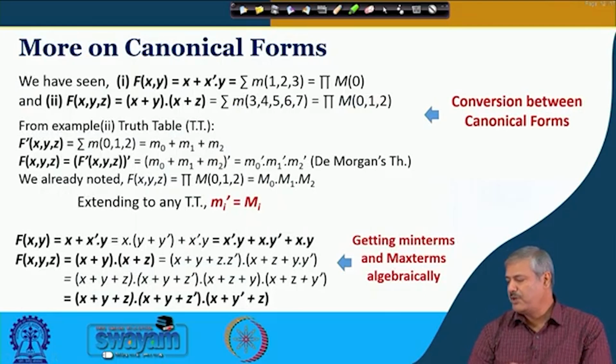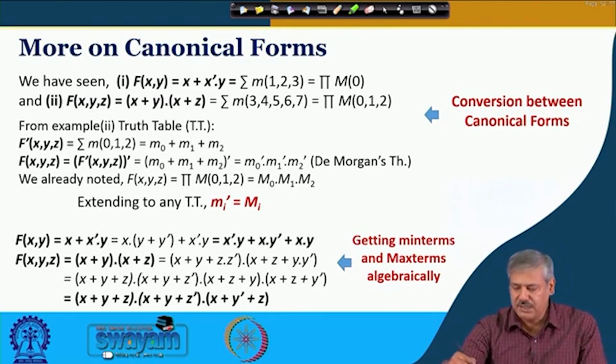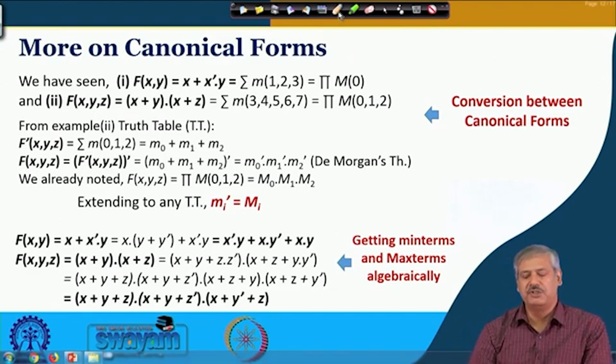Now, given one particular form, can we get the other form out of it? In the first example we had seen that 3 ones were there and 1 zero was there, and for the min term based representation, SOP, this is what we got. And for the max term based representation only one term was there, so we can just write it, we can remove the pi, thus it is M0.